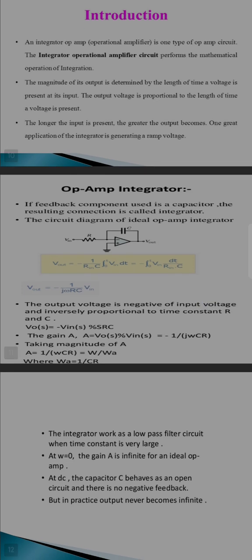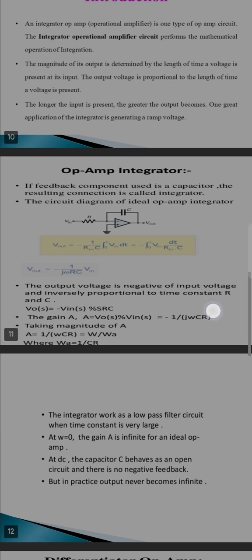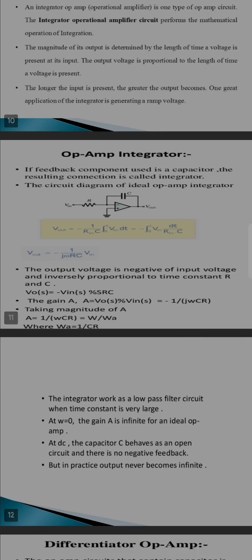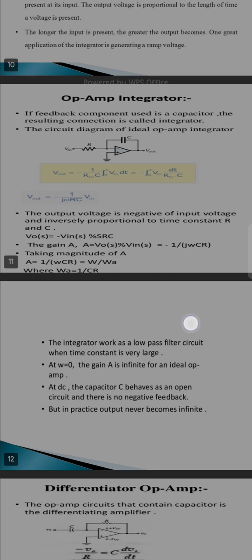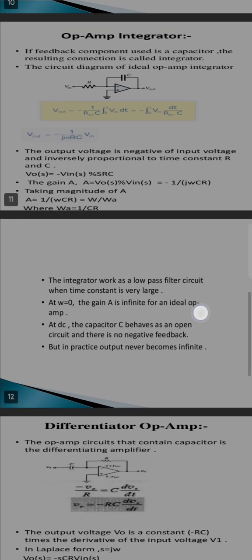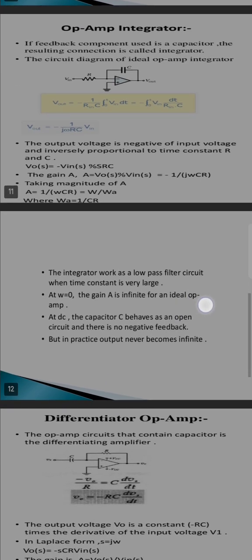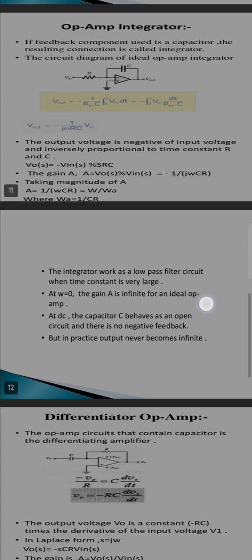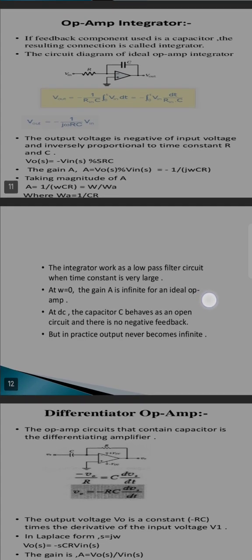Then Vout, the output voltage, is equal to minus 1 divided by the integral of omega RC into Vin. This formula represents the output voltage. After that, let us see what this operational amplifier integrator is doing.